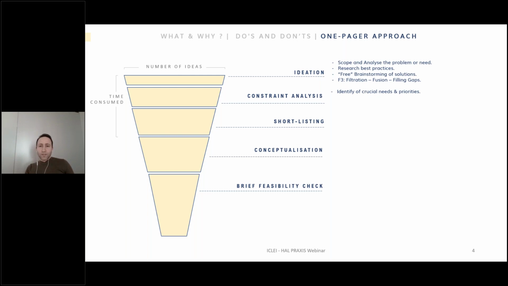Now, constraint analysis. After you've got all the ideas, maybe proper ideas, filtered, fused, connected, and in a good format, you've still got a long list of ideas. You need to start identifying the crucial needs and priorities. What do I mean by that?